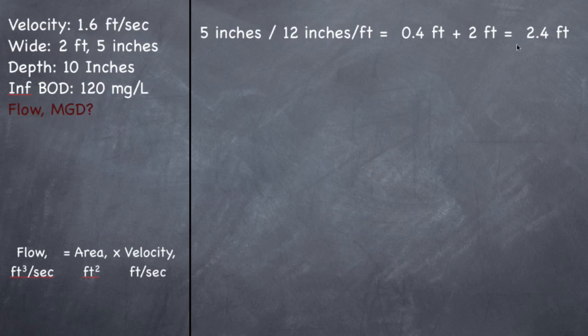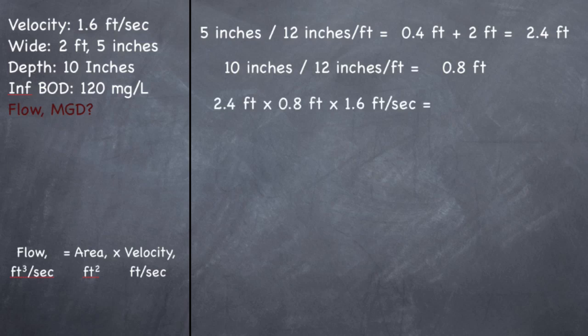So we have the width. Now the depth is 10 inches, so we have to do the exact same thing. 10 inches divided by 12 inches per foot equals 0.8 feet. So we have the width in feet and we have the depth in feet. Width times depth, or feet times feet, gives you square feet. Now I've skipped a step and I've gone ahead and added the velocity already to the formula.